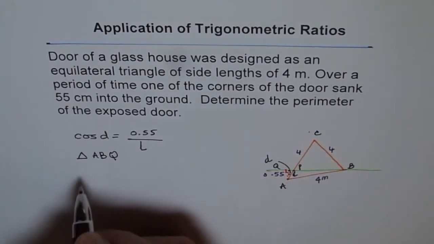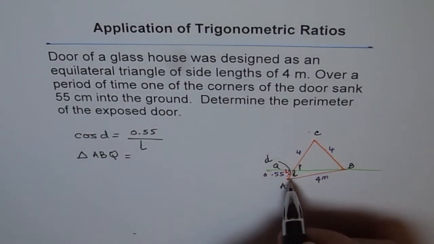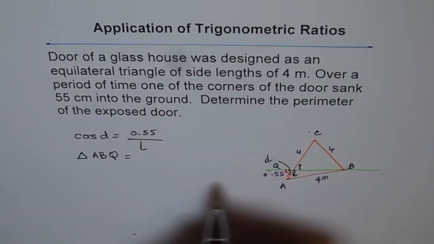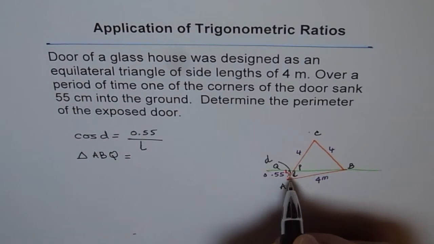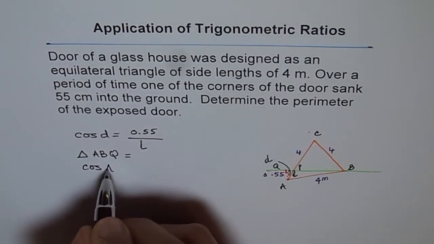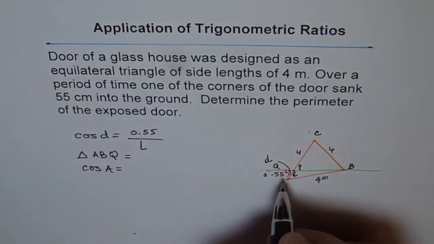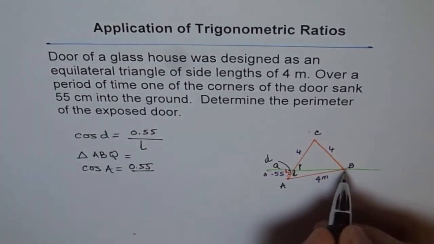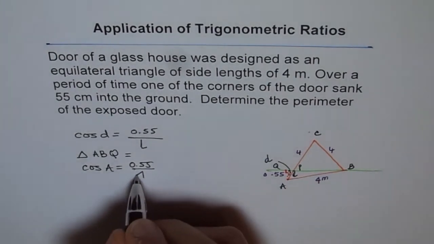Cos A in this triangle will be equal to the base, 0.55, over the hypotenuse, 4.